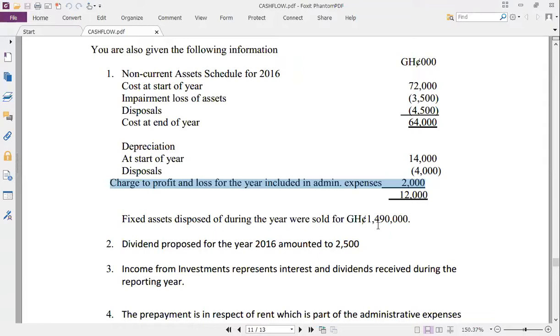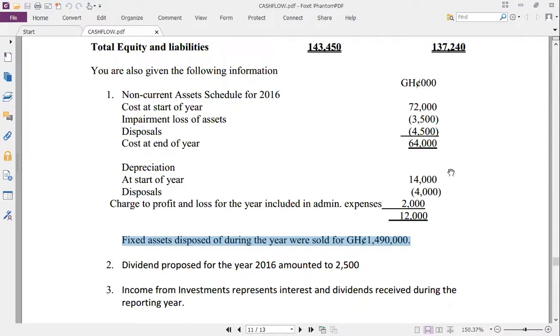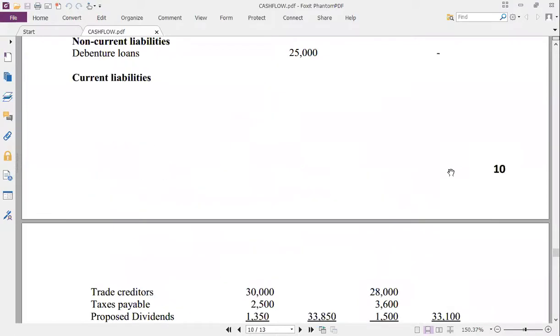So there's a profit of 990. How? Proceeds less the current amount of 500. So 1,490 less 500 will give us 990. So 990,000.